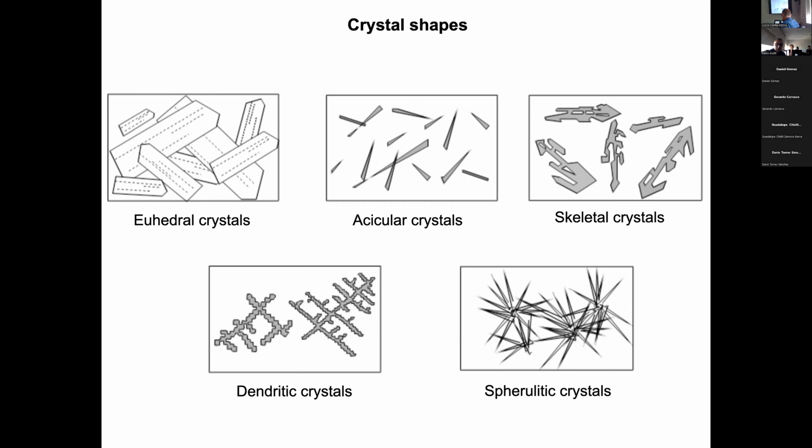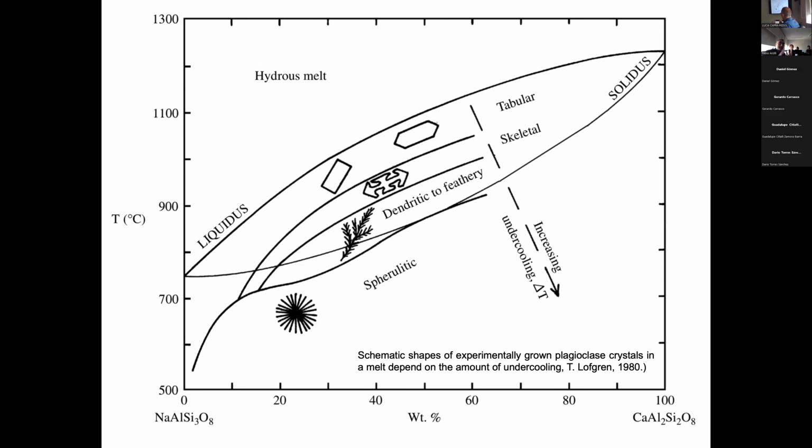Exactly. If we want to combine what we said so far yesterday, presenting the phase diagrams, with this crystallization theory today, so we have this phase diagram for plagioclase, a simple binary system where we have albite, anorthite.